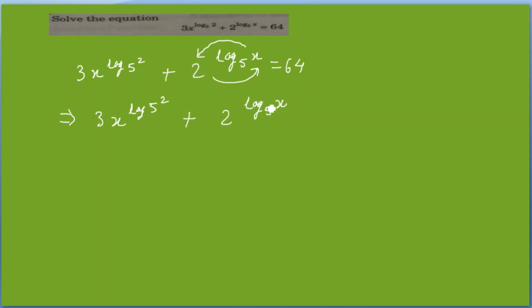Oh, sorry, we have to replace it, so it is x log 5 equal to 64.